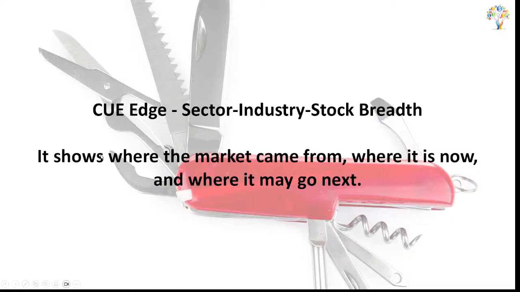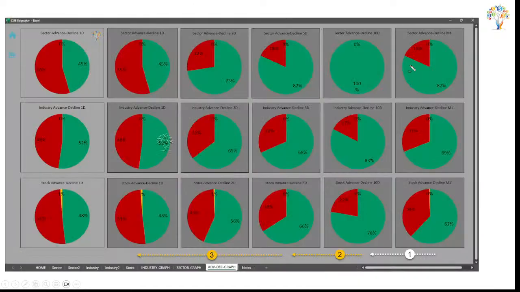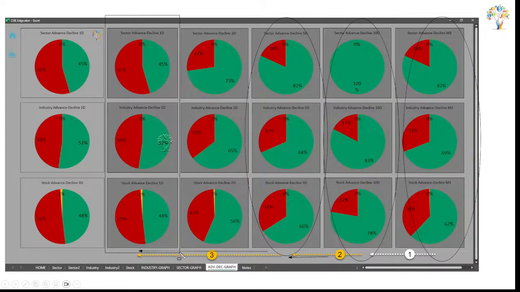Sector industry stock breadth shows where the market came from, where it is now, where it may go next. Long-term 1-month view, bullish. Again, long-term 10-day view became more bullish. 5-day view still bullish, but the bullishness reduced. 2-day, 1-day view still bullish, but bullishness reduced. That allows shorting.